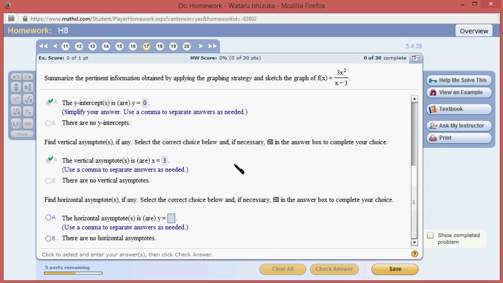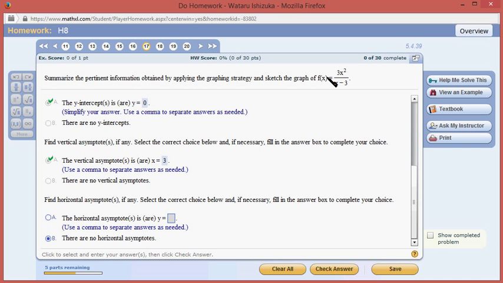Horizontal asymptote. When you have a rational function, here's a trick. The power on top is 2, and the power on the bottom is 1. When you have a higher power on the numerator than the denominator, there is no horizontal asymptote.